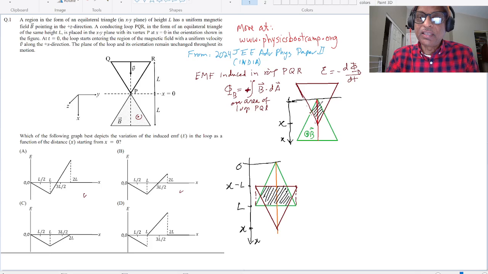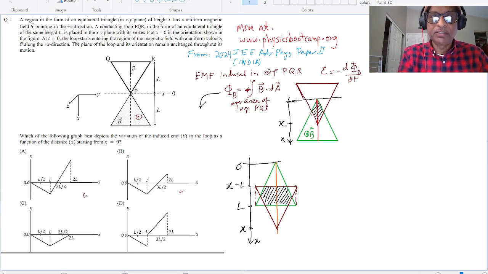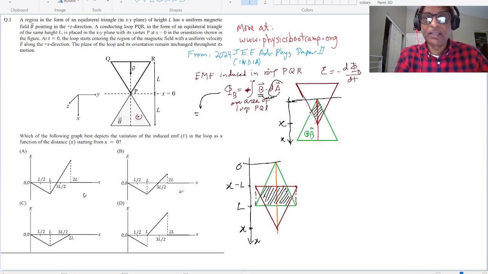So this is the area that will contribute. If you carry out this integral, B is constant, and if you take this area vector to be pointed out at us, so this is along the z-axis, and this is also along the z-axis.